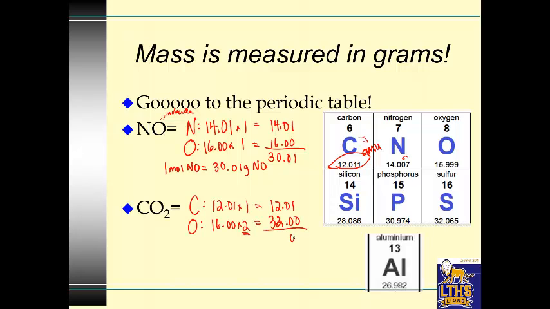So we find out that 1 mole of carbon dioxide is going to weigh 44.01 grams. Okay, so that means that this is a molecule. If we have Avogadro's number of molecules and we have a mole, we can weigh them out and find out that's 44.01 grams.